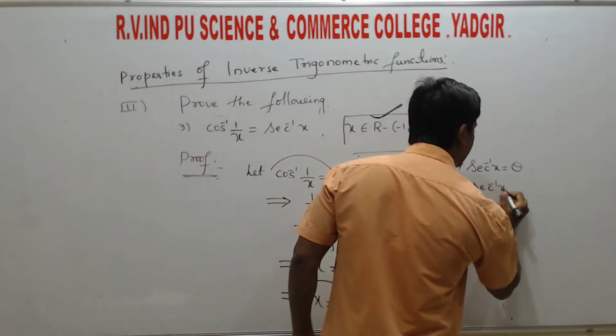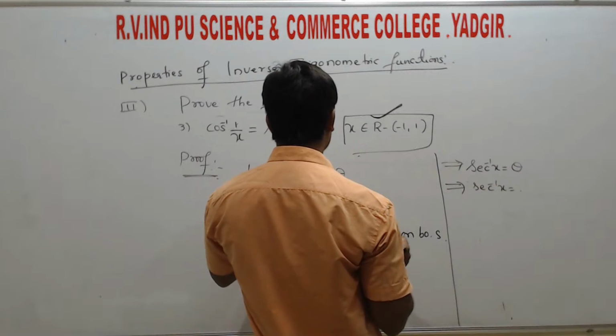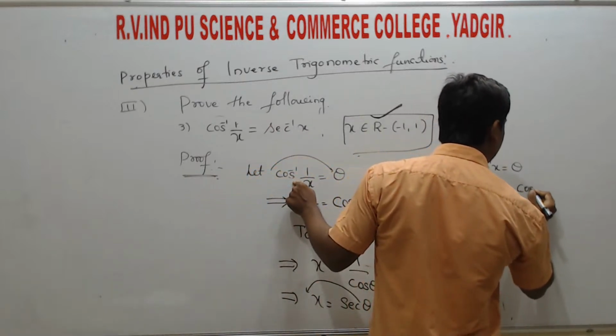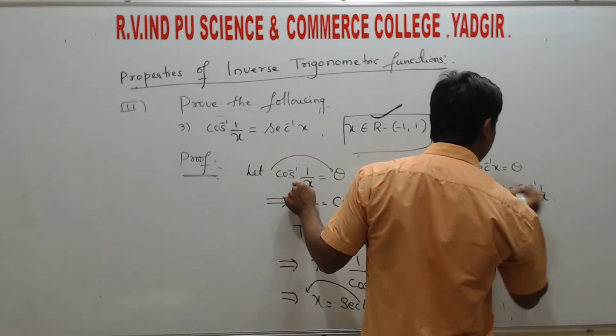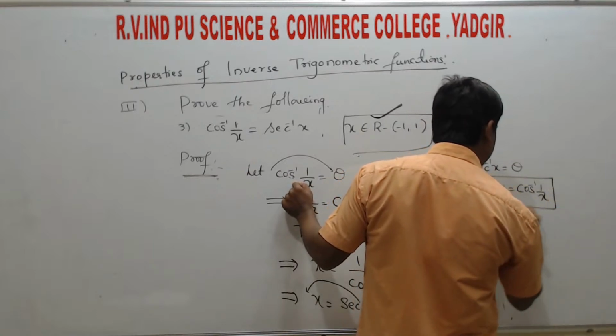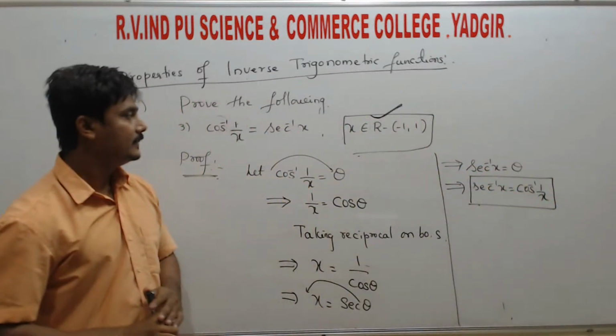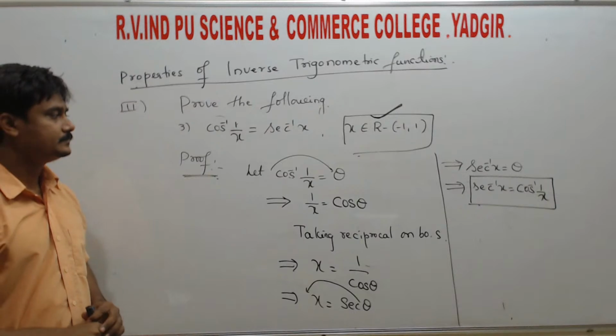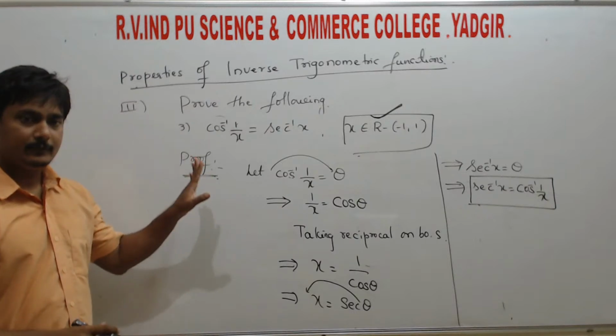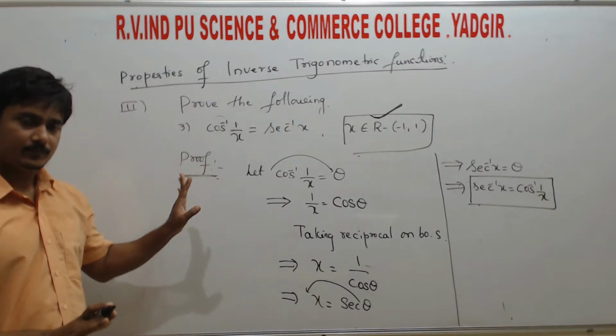So secant inverse x equals theta, and theta is nothing but cos inverse of 1 divided by x. Is the proof very clear to you? Right.